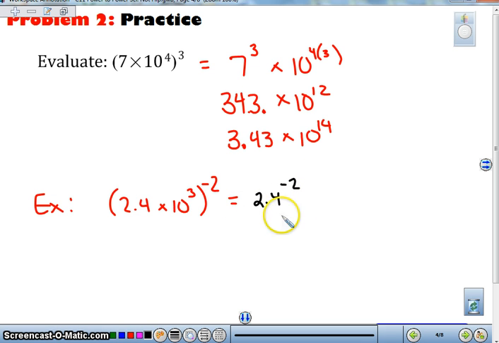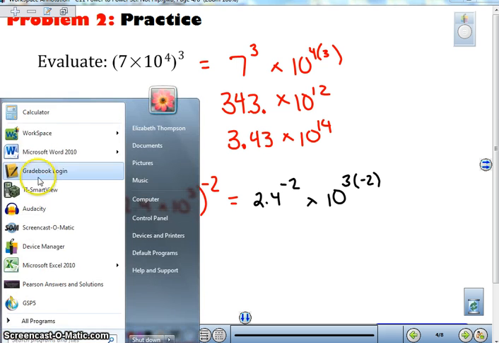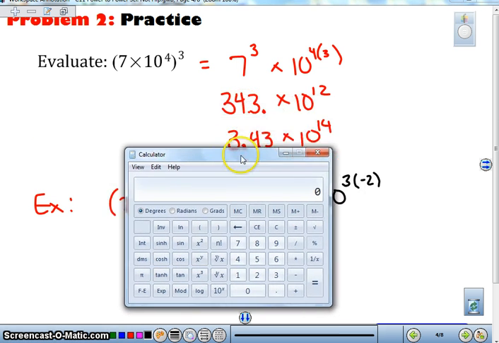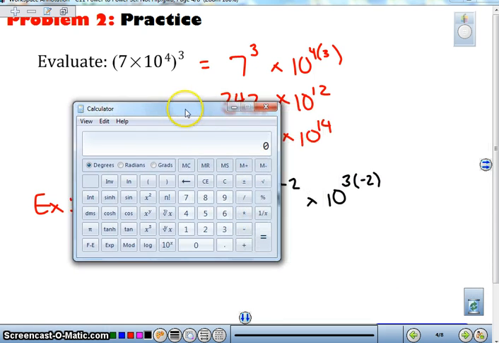Then we're going to have times 10, and remember you're taking 3 times negative 2, so we might want to write it that way. We're going to look at putting 2.4 to the negative 2 in your calculator.